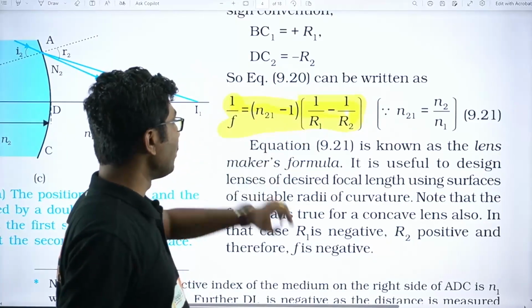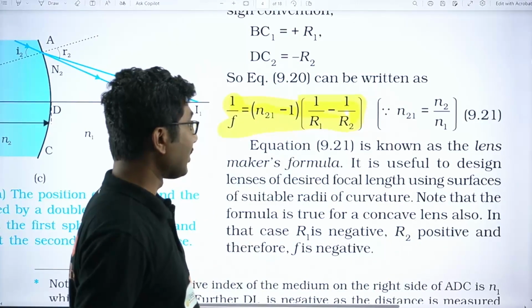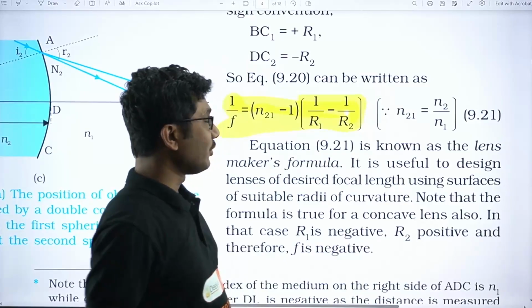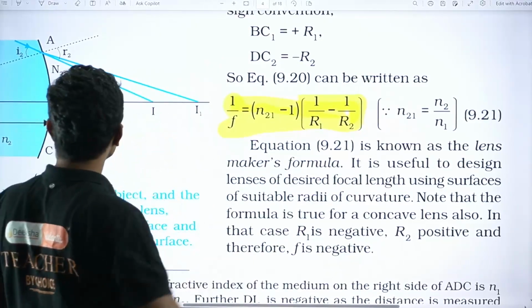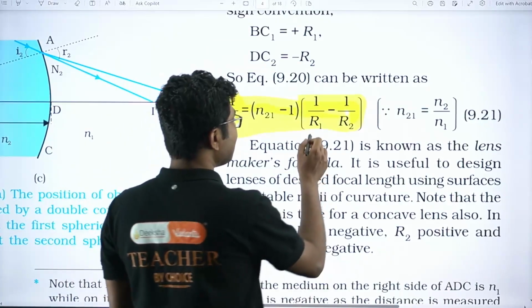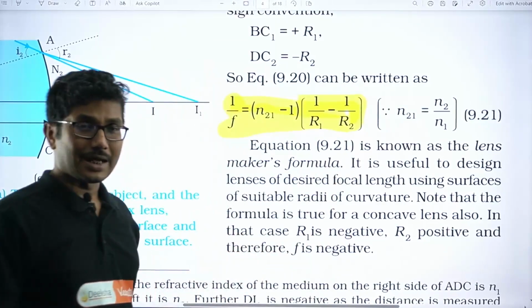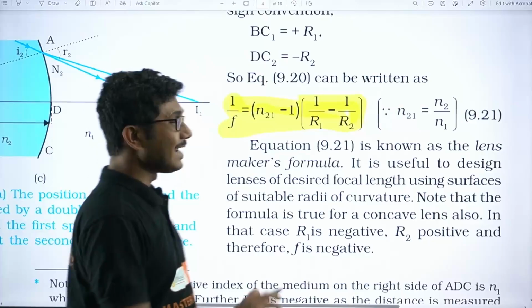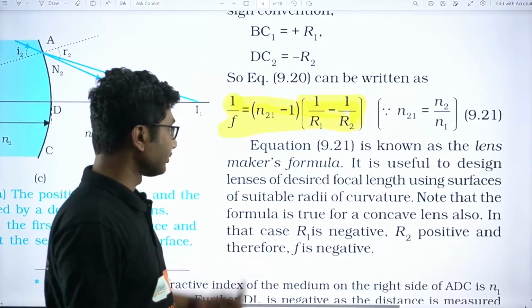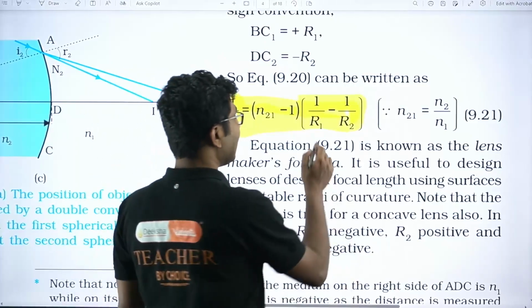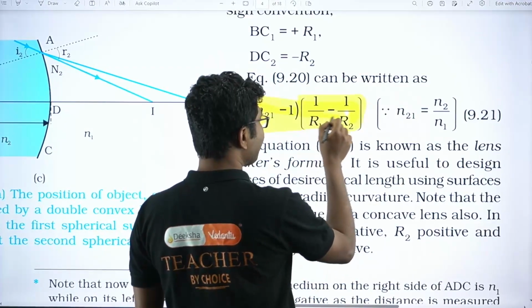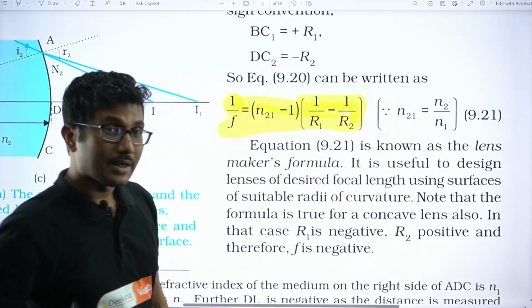1 by F is equal to N minus 1 by R1 minus 1 by R2. So here in most cases this is basically air, and R1 is equal to R2, but the sign is different. So for example, in the case of a convex lens, this is positive, this is negative, so the total sign becomes positive.